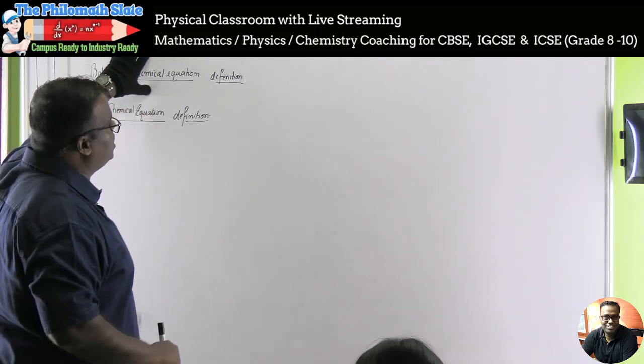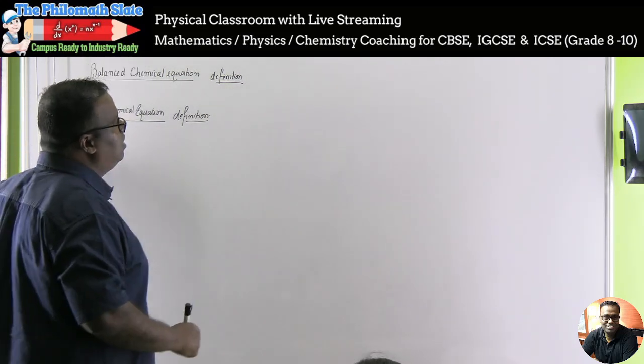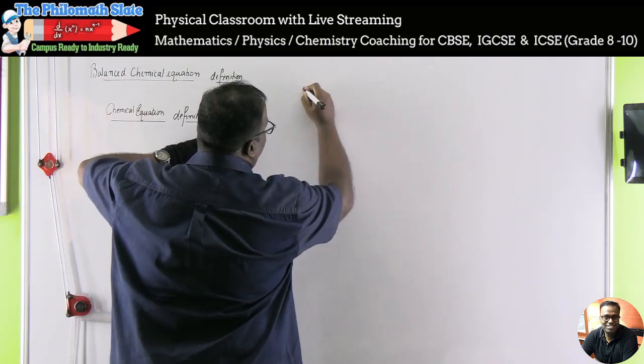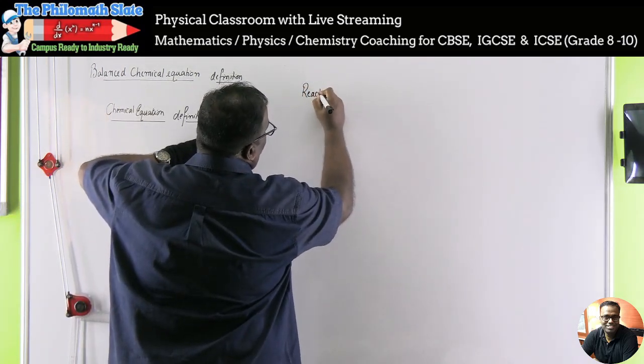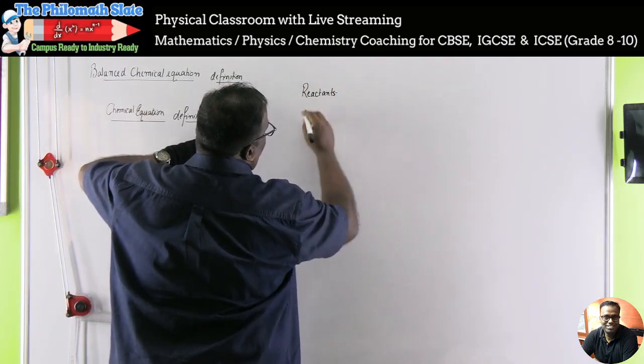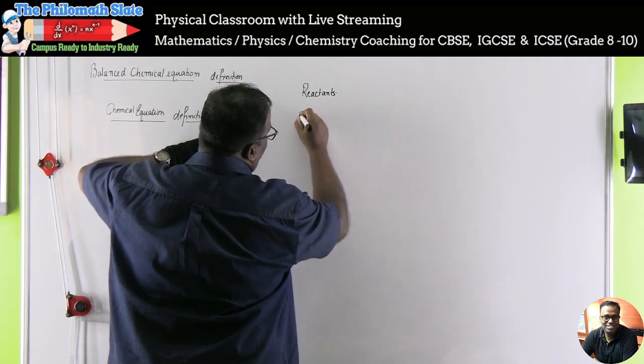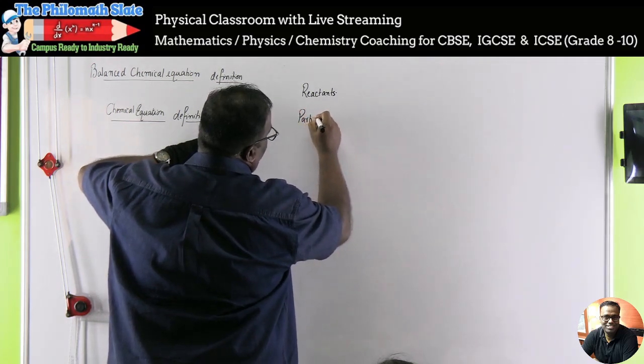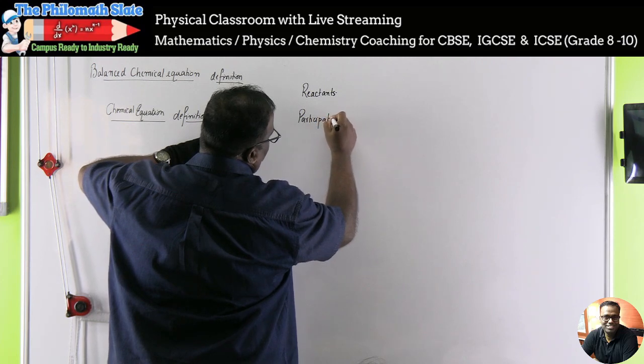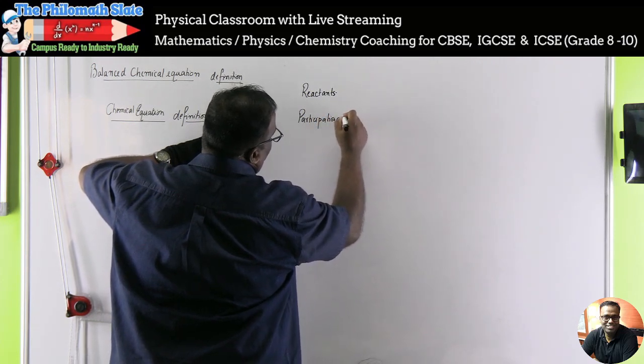Balanced chemical equation. So in a balanced chemical equation, what will happen? You will have the side of reactants, and in these reactants we will have participating atoms.